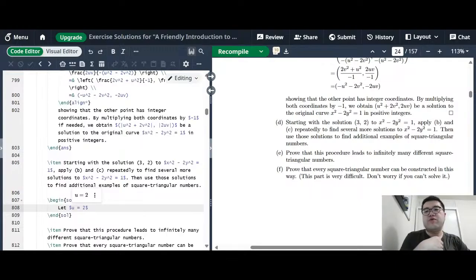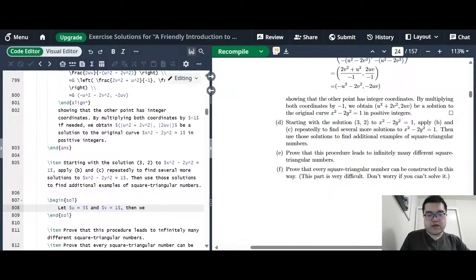We shouldn't assume that u is even, because in this case, if u is even, then we get the x value to be even, and y is always even. Recall that x is always odd. We have to set u to be some odd number. So let's say u is equal to 3, and let's say v is equal to 1.